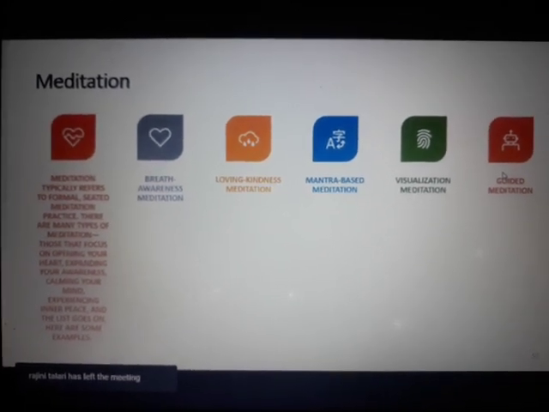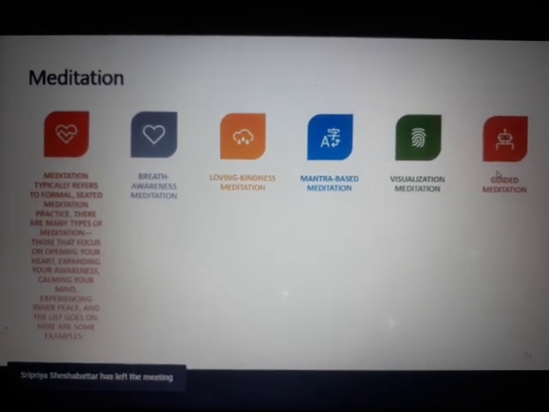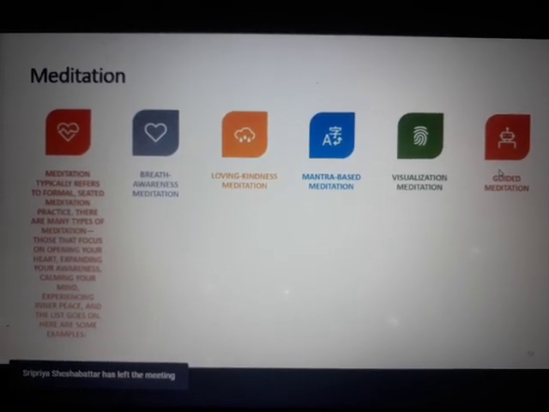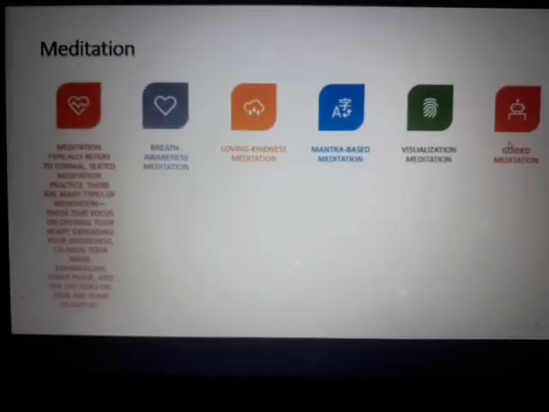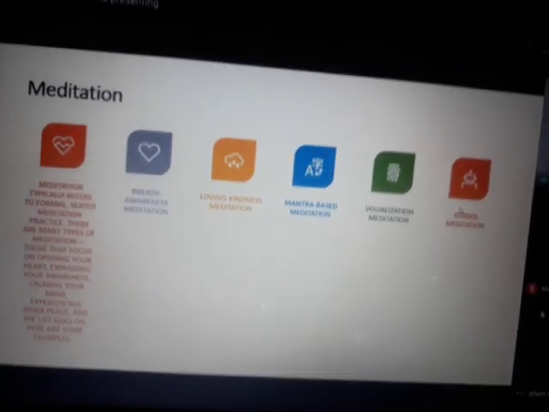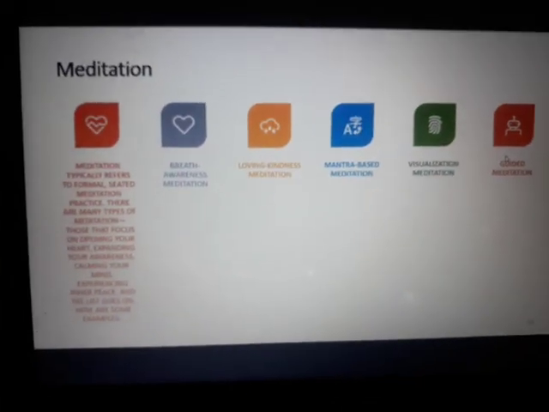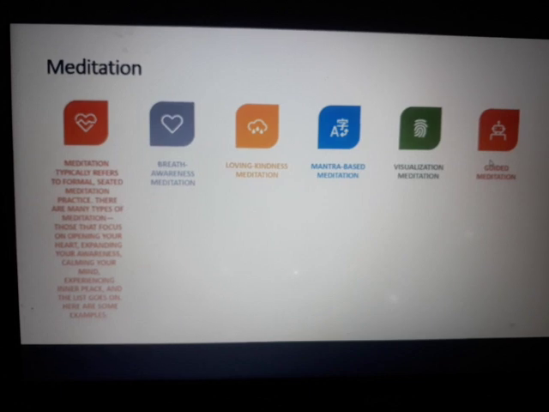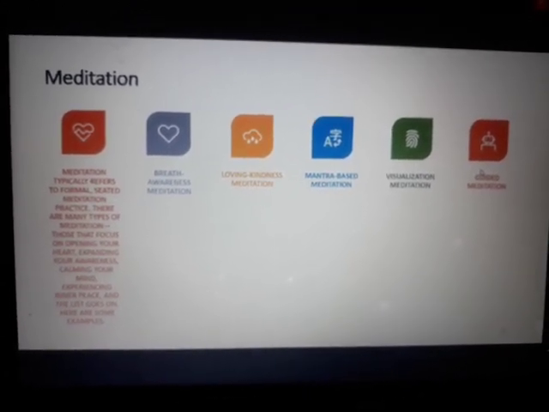It's an intentional practice where you focus inward to increase calm, concentration, and emotional balance. Seated meditation usually begins with deep breathing in a comfortable position, bringing all your awareness to your breath, inhales and exhales, consciously guiding the mind towards an anchor or a single point of focus.